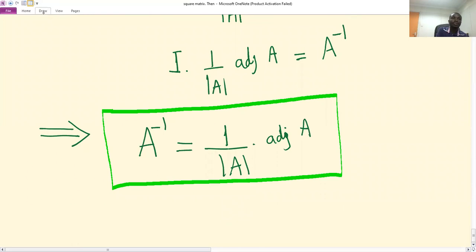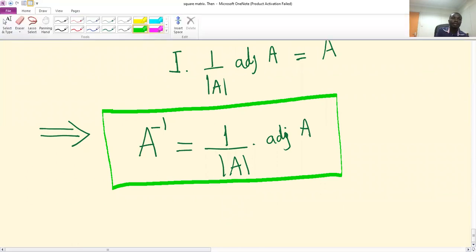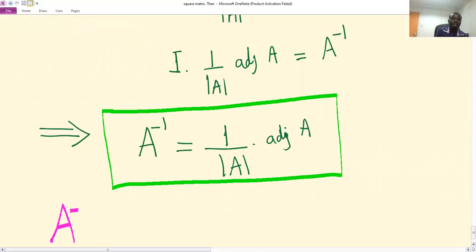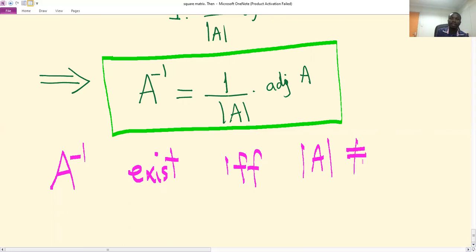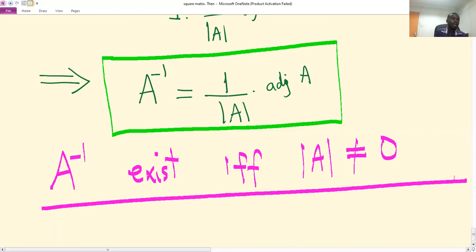And the key thing for you to note is that A inverse exists if and only if the determinant is non-zero. Because we are dividing through by the determinant, it must always be non-zero for you to be able to find the inverse of a square matrix.